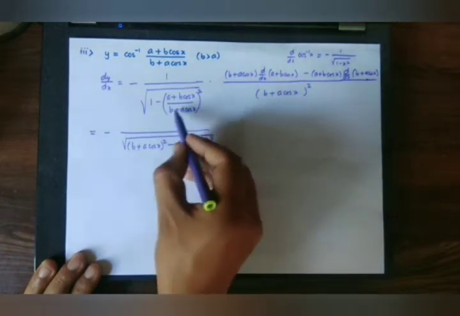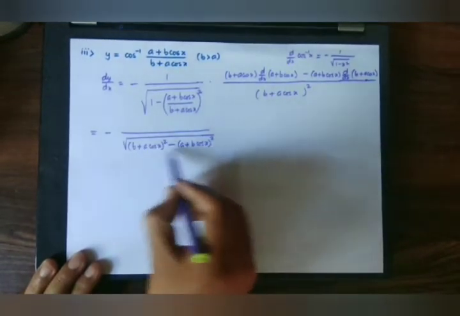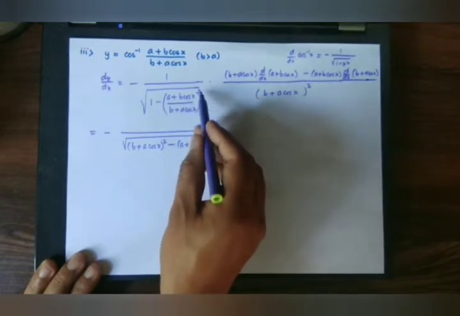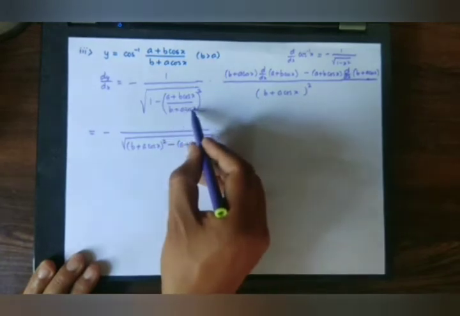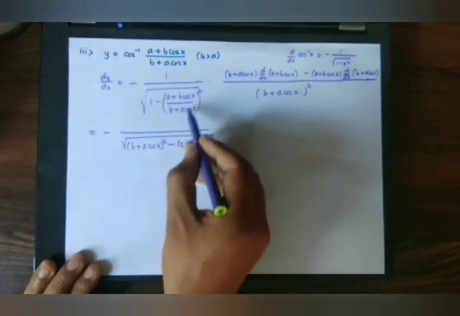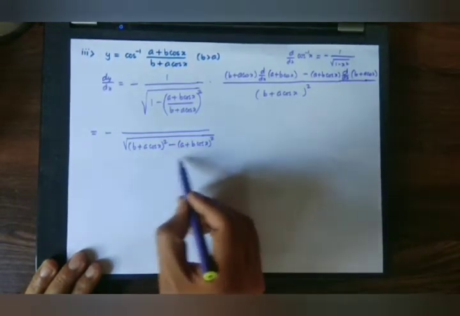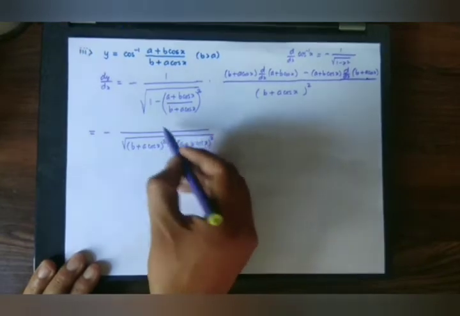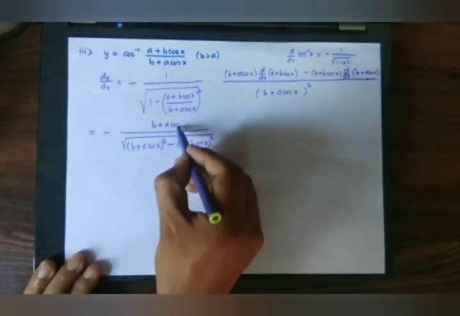Still we'll be having in the denominator (b plus a cos x) whole square, but the square root of (b plus a cos x) whole square is going to be b plus a cos x, so that b plus a cos x will come in the denominator, but this will go in front in the numerator, so that's why we have b plus a cos x.